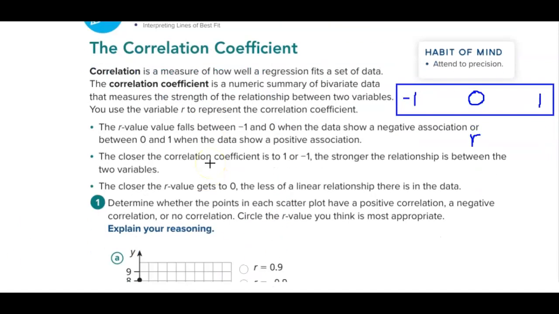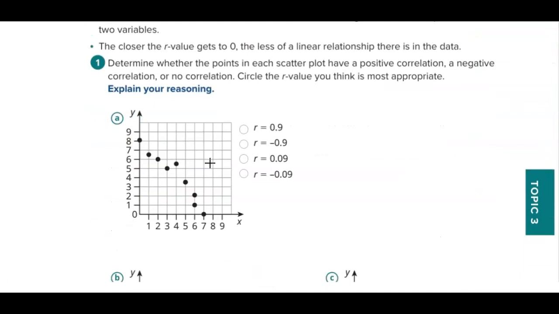Now, look at graph A. First, decide if the data shows a negative trend, a downhill trend, or a positive trend, an uphill trend. So in this case, I bet you're seeing that it has a downhill trend.